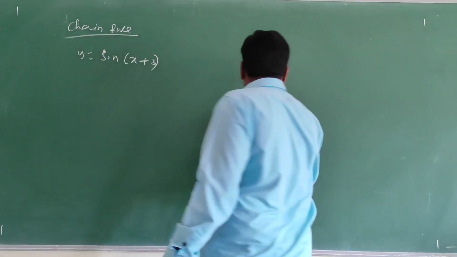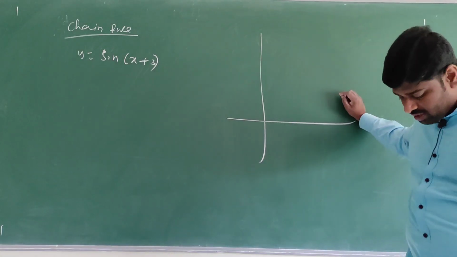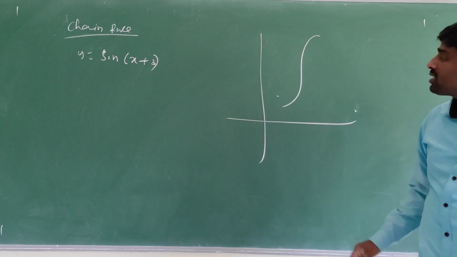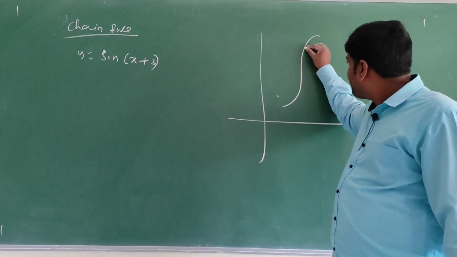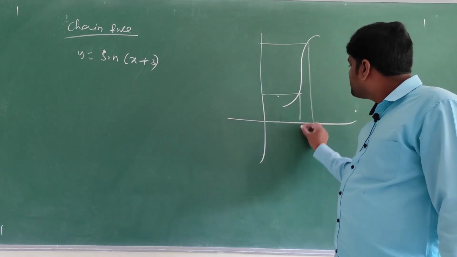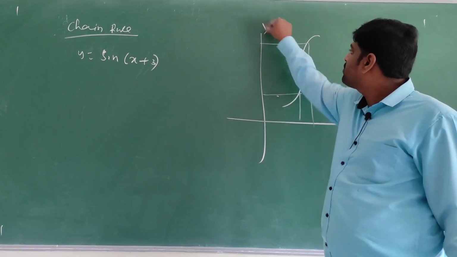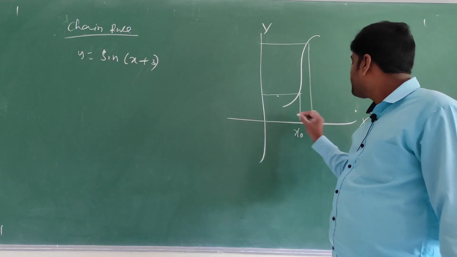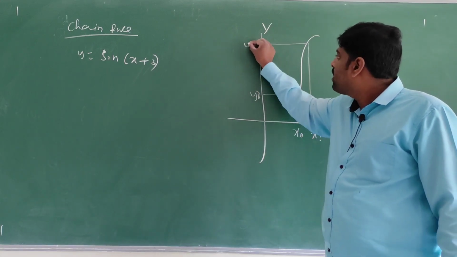Observe, children, this is one function, and this is the bending of the curve. This is the x axis, this is the y axis, and this is x0 comma x1, this is y0 comma y1.